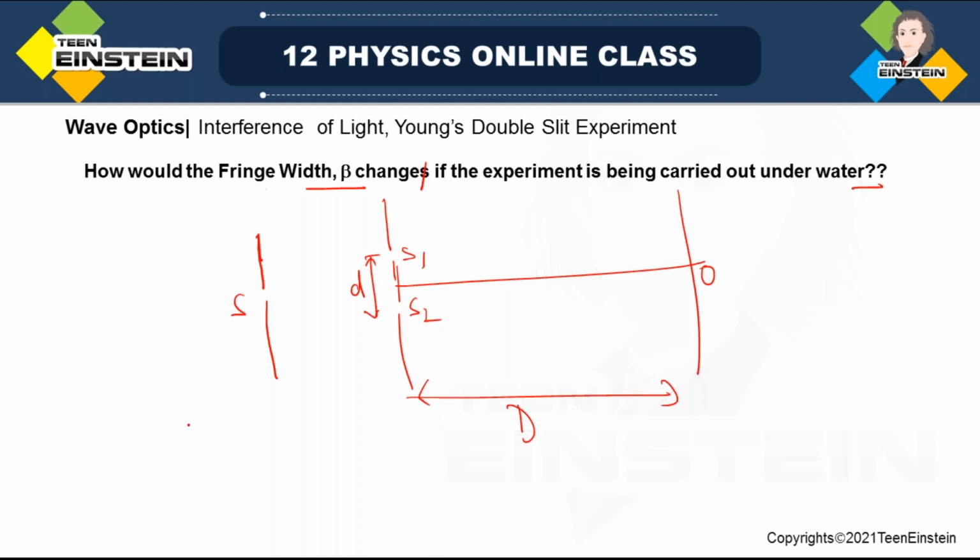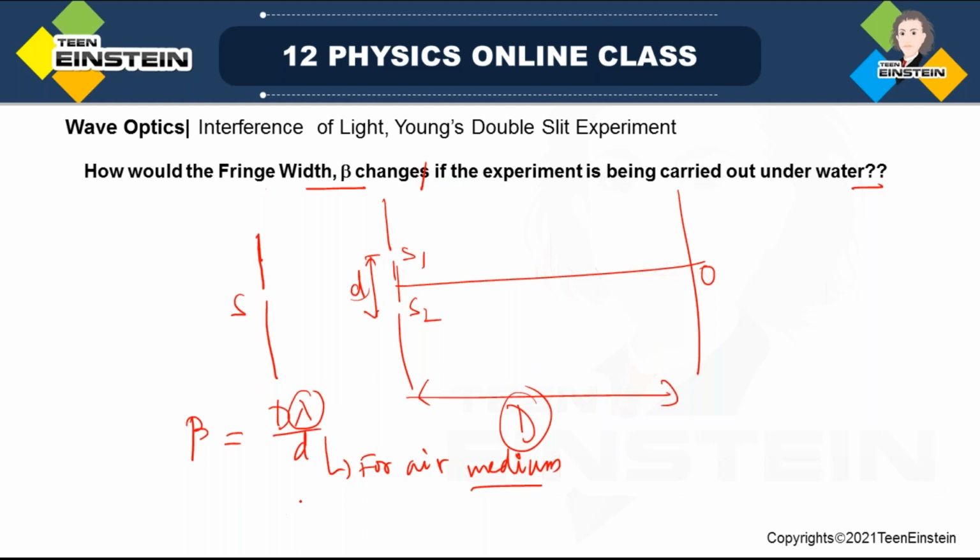So in the expression, beta is equal to capital D lambda by small d. Here capital D is constant, small d is constant. So what will change here is the lambda. This expression is actually for air medium. In general, your double slit experiment is being done in air, but suppose you do it in some other environment, suppose water.